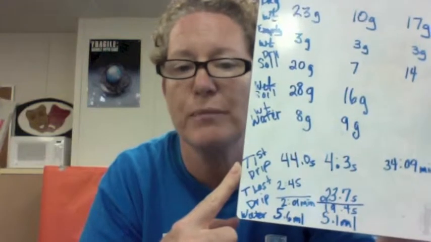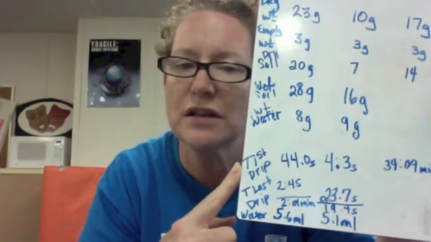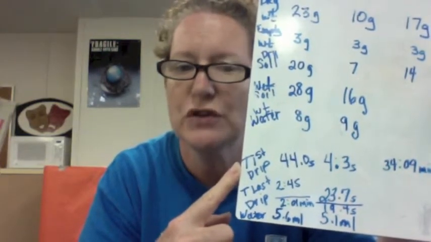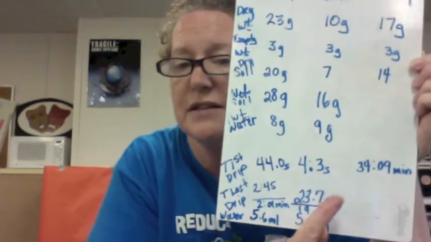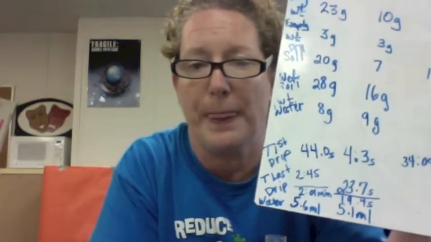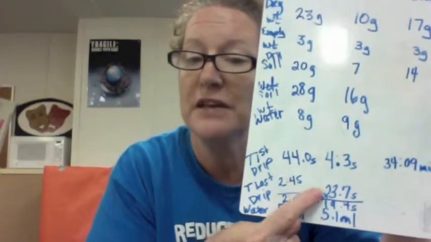All right, so permeability is the ability to release water. Okay, so we can judge that on one of two things, time or amount. All right, so let's take a look at this. In terms of time, which one is the most permeable? Yeah, the humus is the most permeable based on time because it flowed through very quickly, 23.7.